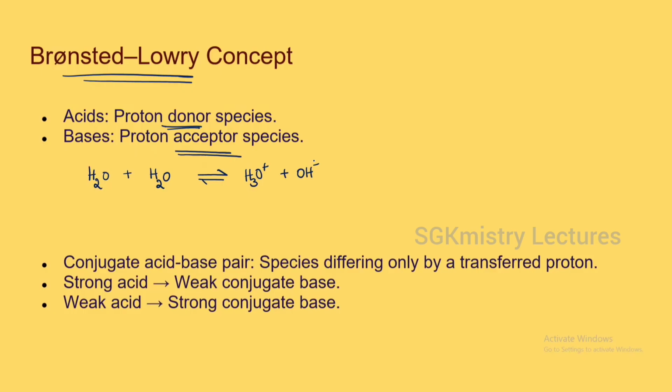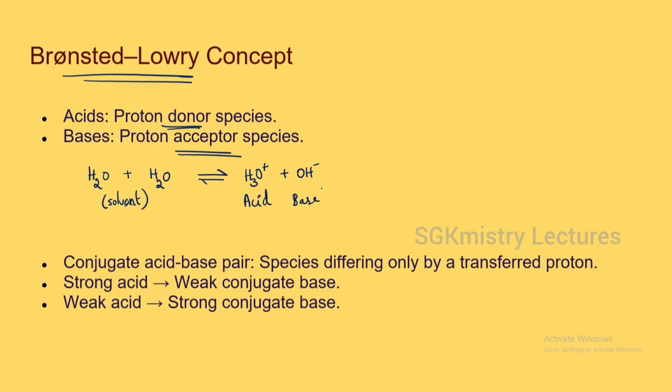The one which donates the proton acts as the acid, and the one which accepts the proton acts as the base. Here, on the product side, we have H3O plus and OH minus. It is very clear that H3O plus can lose a proton, so this is the acid, and OH minus can accept a proton so that it forms H2O, so this is a base.